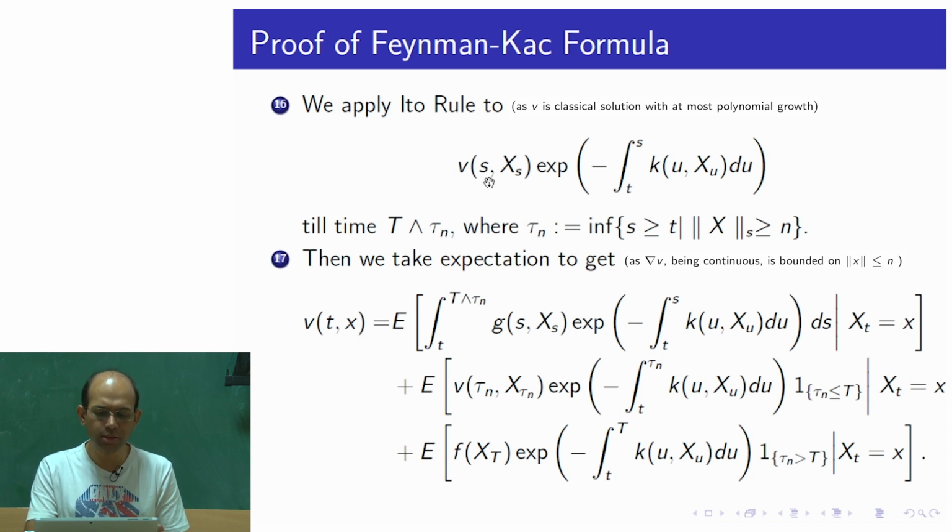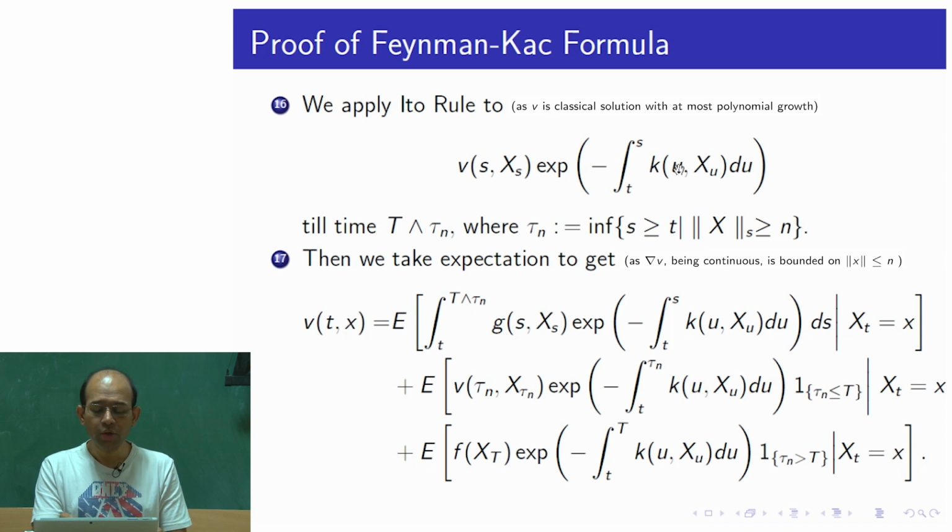We get V of T minimum tau n, where s is T minimum tau n, minus V of small t, x t, because that is the initial point, small t, x t, and here the exponential from small t to t is 0, actually e to the power 0 is 1.